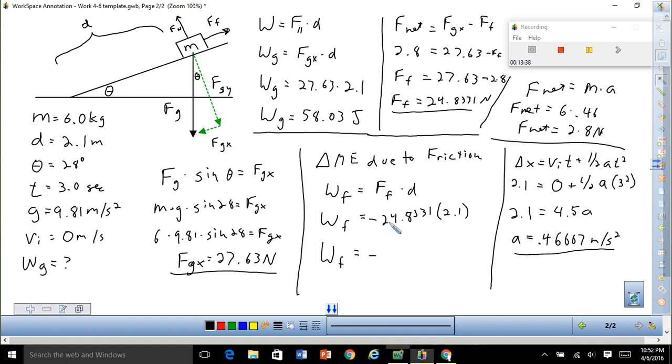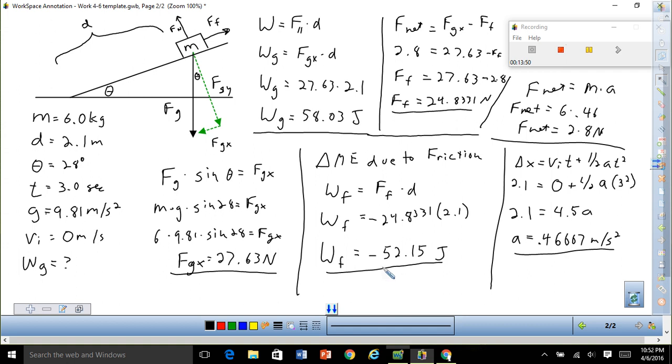Again, that's negative because those are in opposite directions, so negative 52.15 joules. Please don't round prematurely since you'll be putting that value into a computer. Again it asks for the change, and so that is a negative value because it is a loss. We are losing energy to friction, and that's the way the universe works.